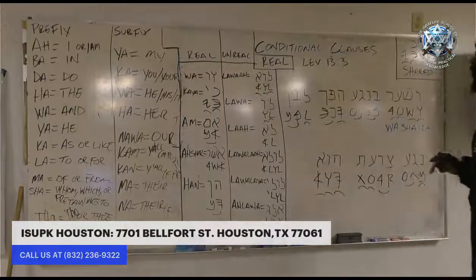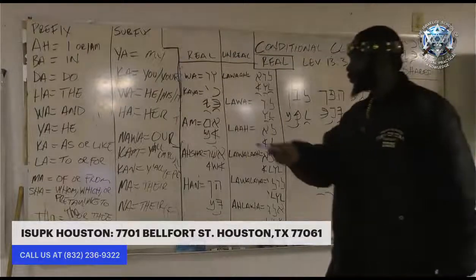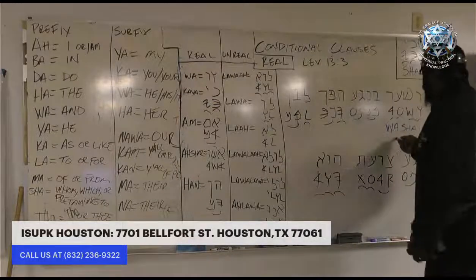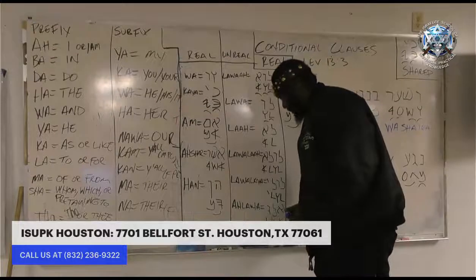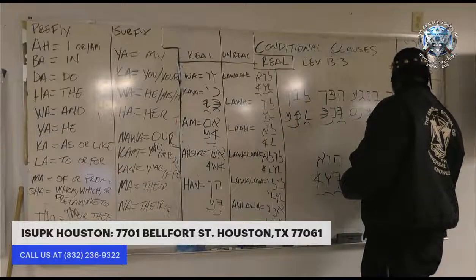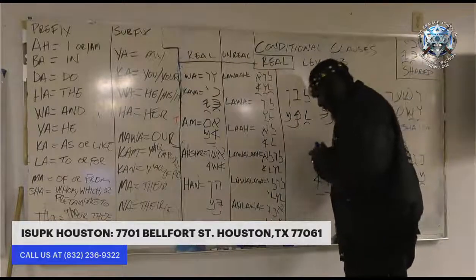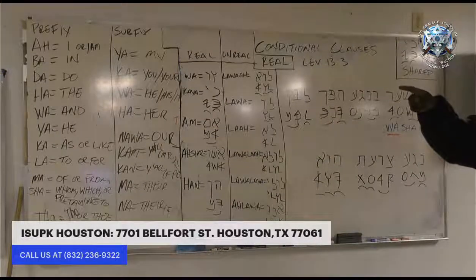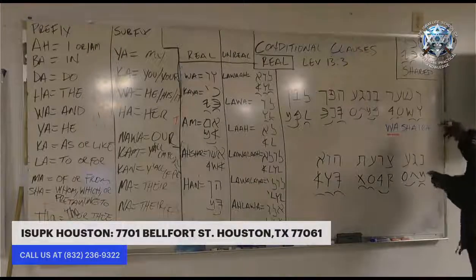The conditional clause of the sentence normally starts at the beginning of the sentence, so we automatically know, because that wa is at the beginning of the sentence, that we're dealing with the real conditional clause. So we have wa sha'ir.